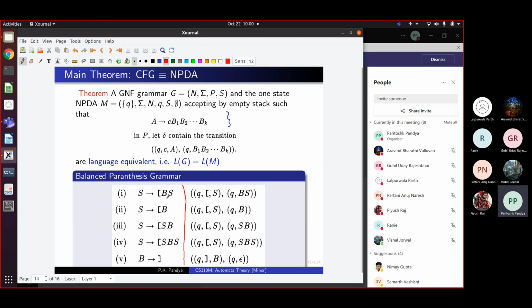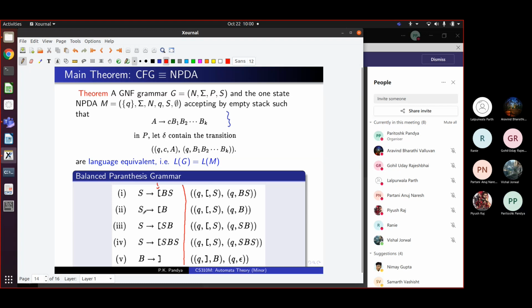Corresponding to the first production, I will add a rule which looks like this to my automaton. That is, if I see the left bracket symbol, then I will replace S on the top of the stack by the string BS.